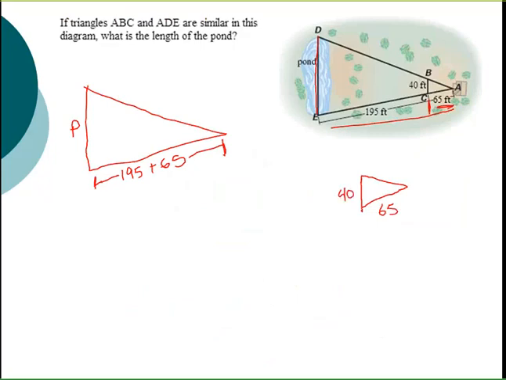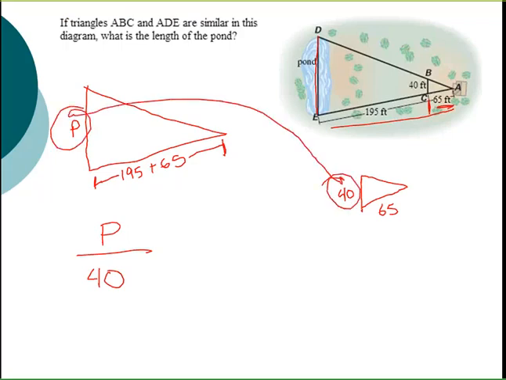So the job is to set up a ratio. And like I did before, I'm going to say big triangle part over little triangle part that matches up. So what I'm noticing is that the 40 is in the same location as the P. And then I go ahead and add this together. 195 and my 65 gives me 260.